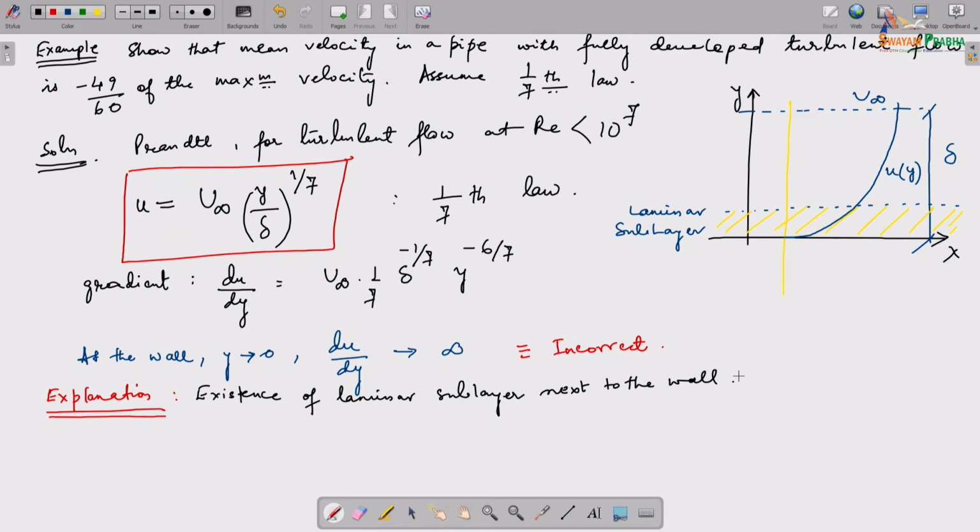In this laminar sublayer, the velocity grows quickly. Here the velocity will be 0 and then it grows quickly and merges with the turbulent layer.